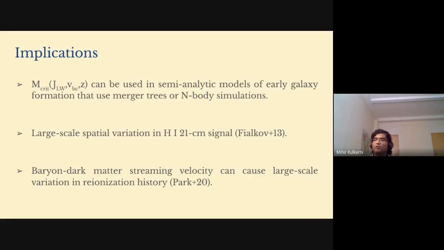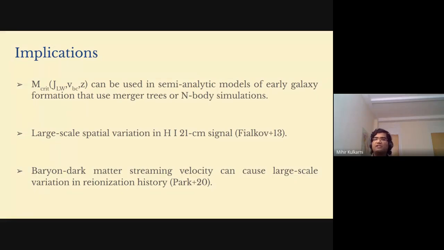a much larger volume. So the point of this is, if we are able to link where and when first stars form to the properties of dark matter halos, then we are able to use it with computationally inexpensive dark matter only simulations.